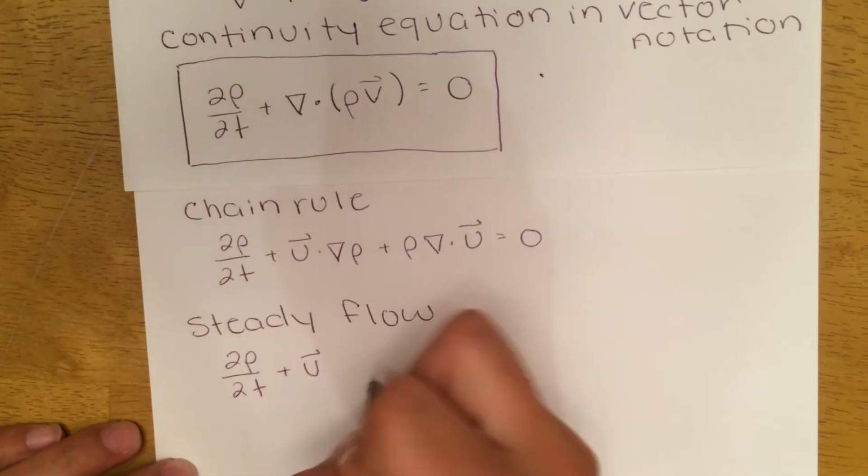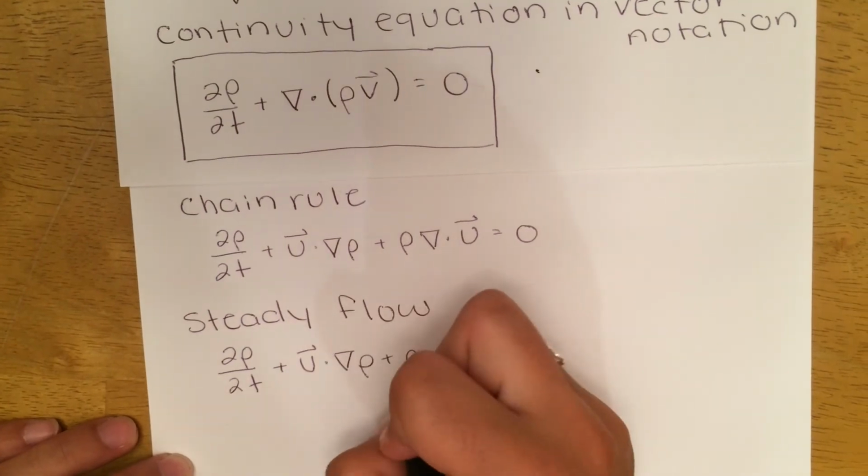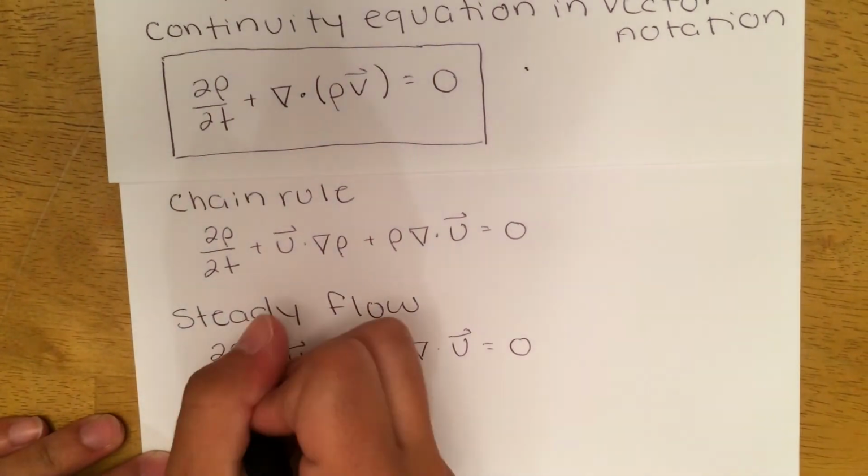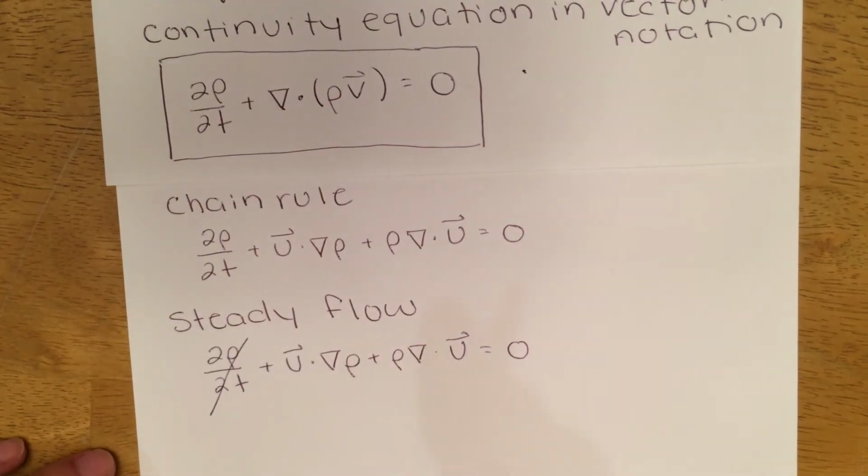In a steady flow, or a flow in which the velocity at a fixed point is not changing with time, the density won't change with respect to time, and we can drop the first term.